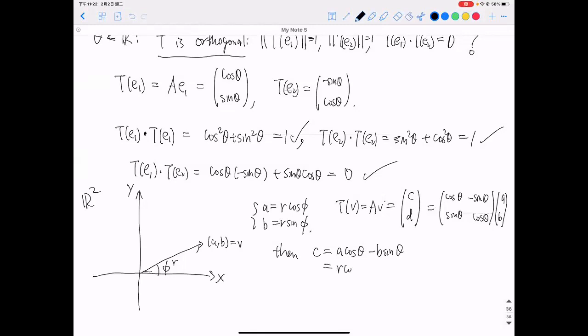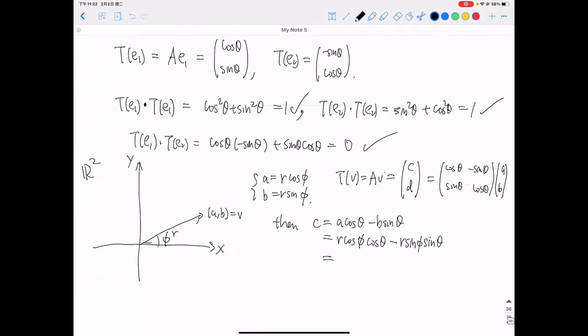I remember what a and b are. A is r cosine phi, so r cosine phi cosine theta, minus b is r sine phi, so r sine phi sine theta. The sum formula for cosine tells you that this is r cosine of phi plus theta.